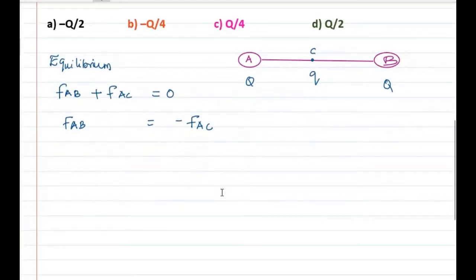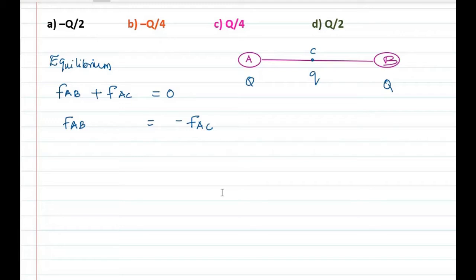There will be a repulsive force between all the charges because all the charges are positive. So the force between A and C will be repulsive, the force between B and C will be repulsive, and the force between A and B also will be repulsive because all the charges are positive, like charges.